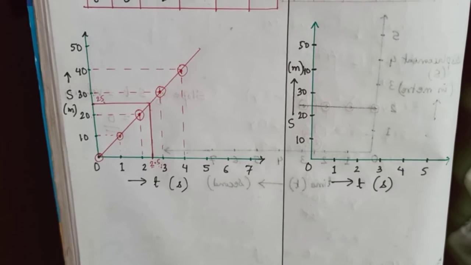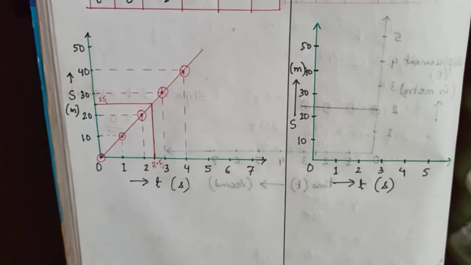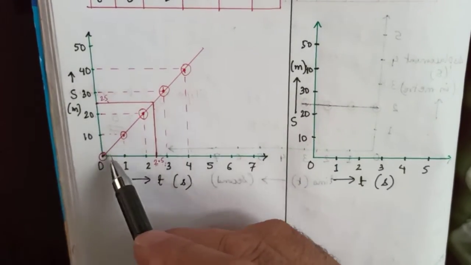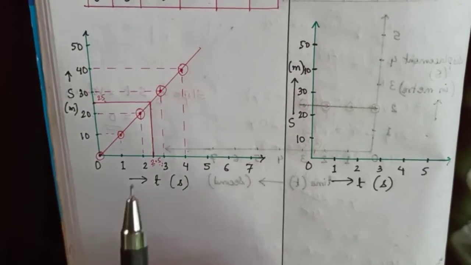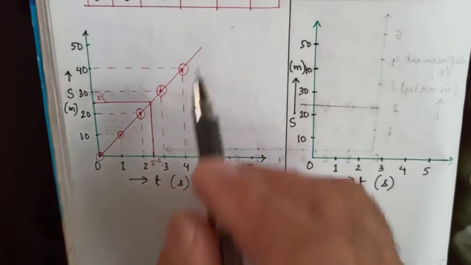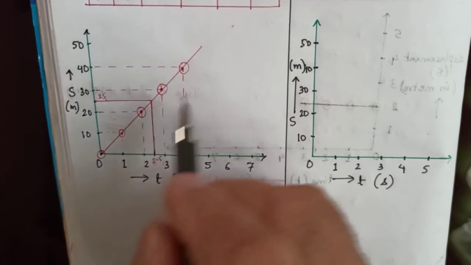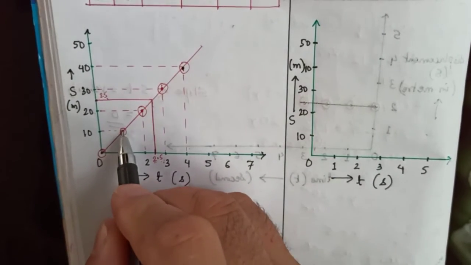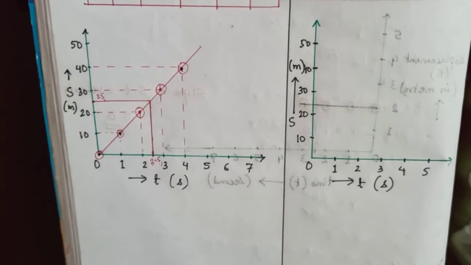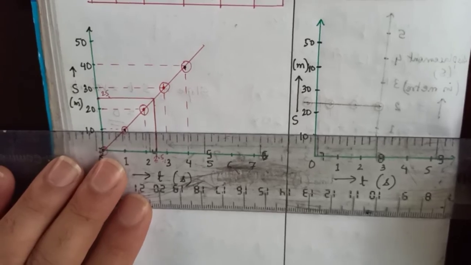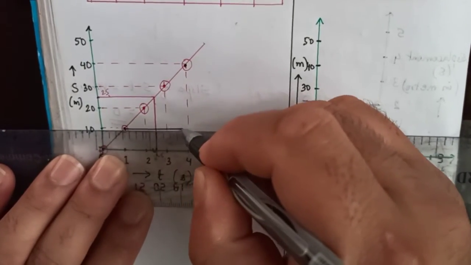So in order to calculate the velocity of the body, we have to find the slope of this graph line, slope of the displacement time graph. So in order to find the slope or the gradient on this graph line, we can take any 2 points. Let's say if I take this point and this point. Then with the help of these 2 points, you complete a right angle triangle like this.